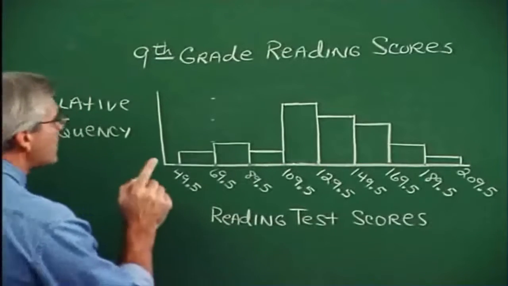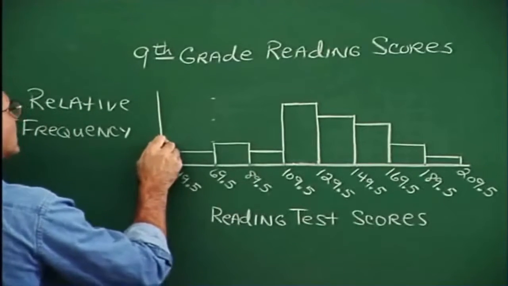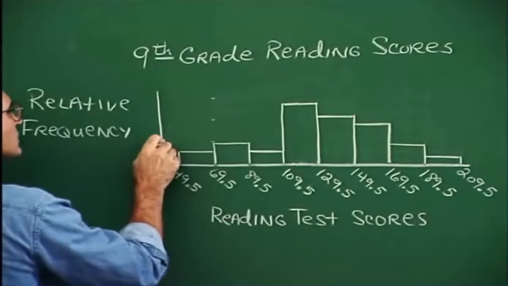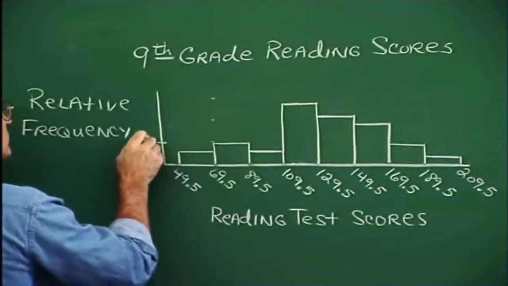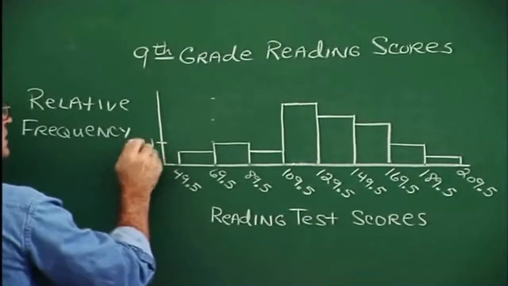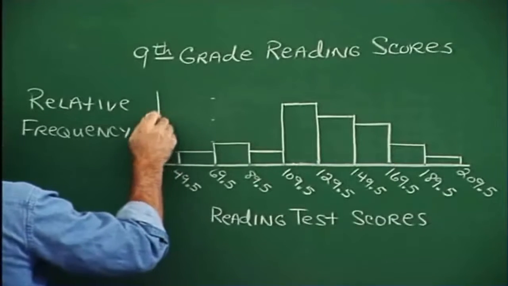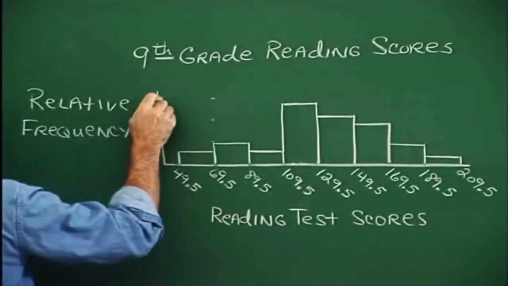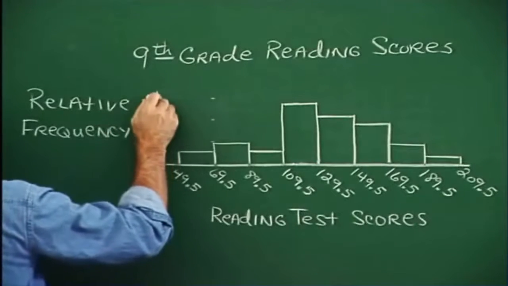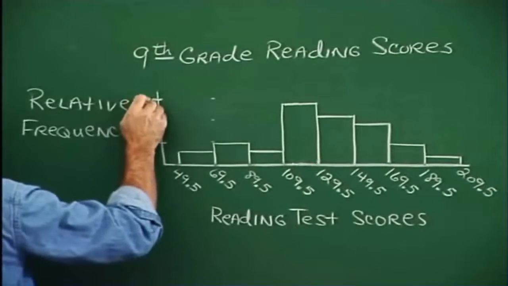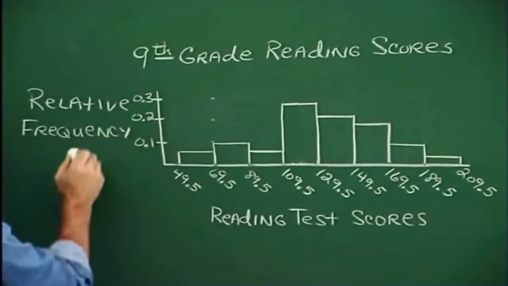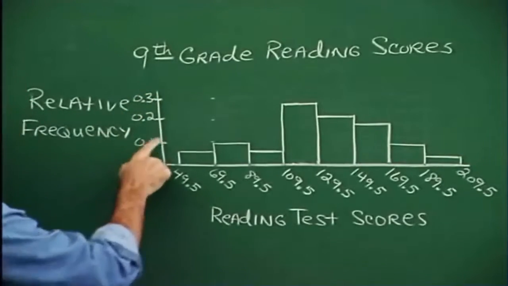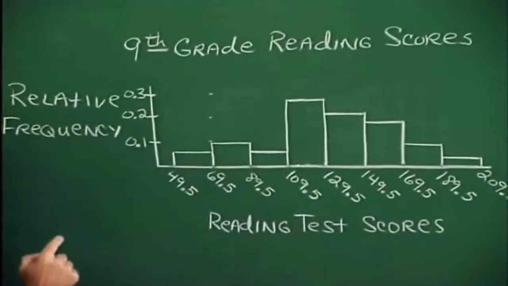And you know what? If I'm creative about writing in these relative frequency numbers, if I put in 1/10 here, 2/10 here, and 3/10 right about in this neighborhood, then it'll turn out that the graph is exactly the graph that we had before.